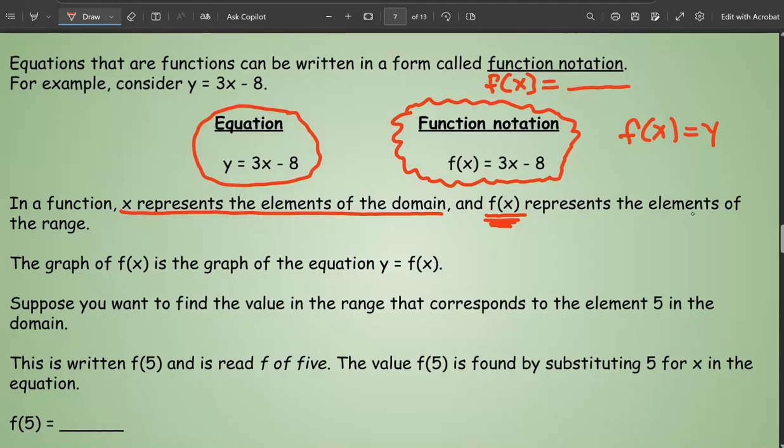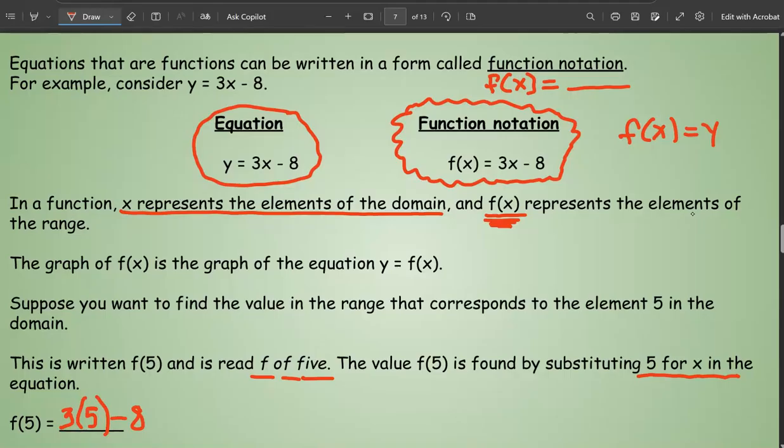So suppose you want to find the value in the range that corresponds to the element 5 in the domain. This is written as f of 5, and it is read f of 5. The value f of 5 is found by substituting 5 in for the x equation. Okay, so for this example here, f of 5 would be 3 times 5 minus 8.